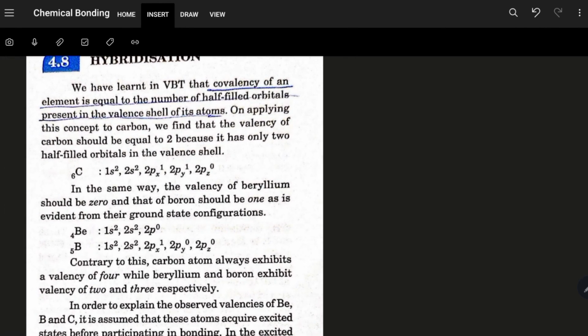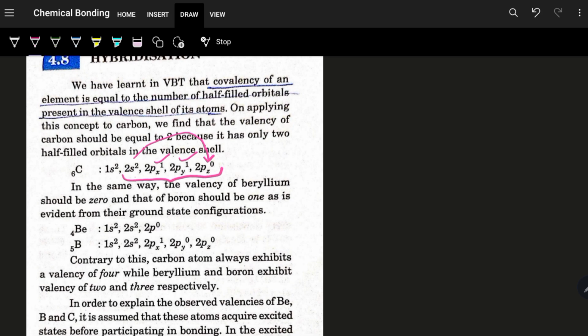That means, see, carbon has atomic number 6. So 1s2, 2s2, 2p2, and here it has been shown 2px1 and 2py1. So here we can see that it has a covalency of 4. How? When there is a transition in the excited state from 2s to 2pz, because this is the valence shell of carbon.